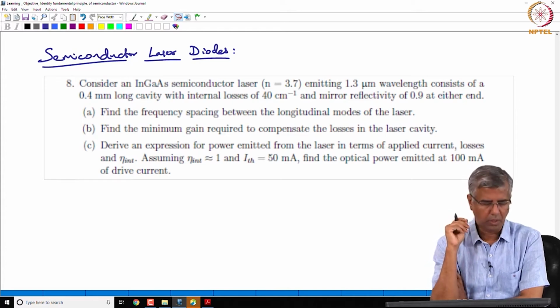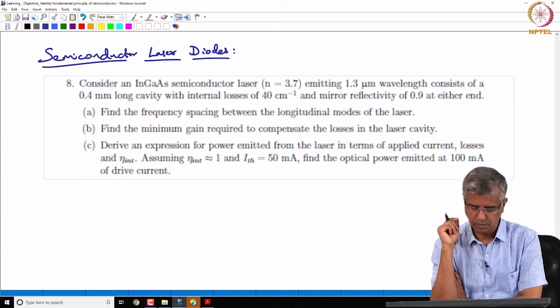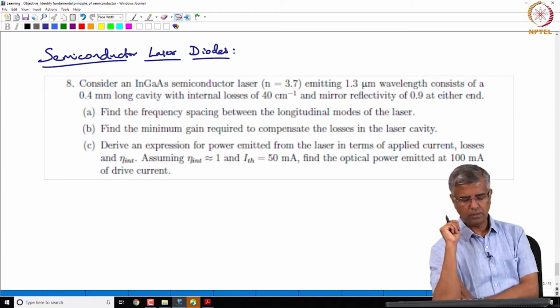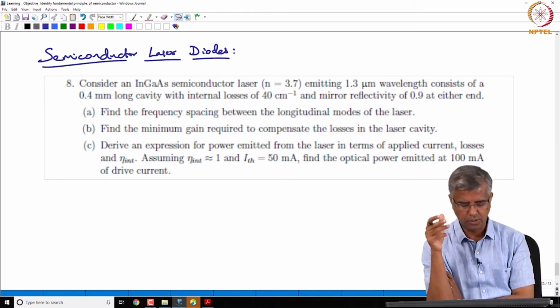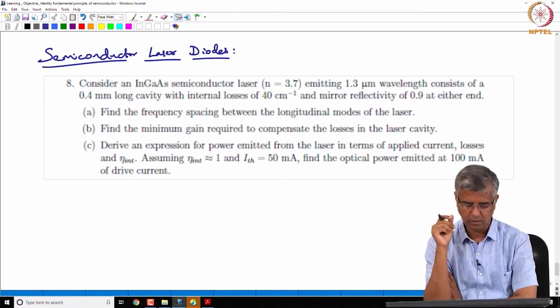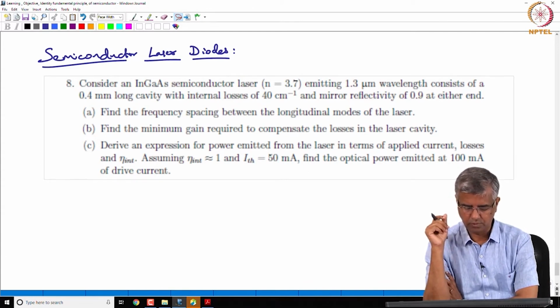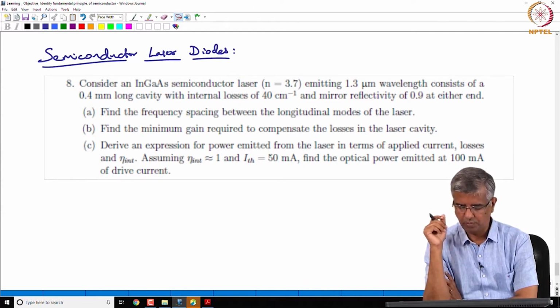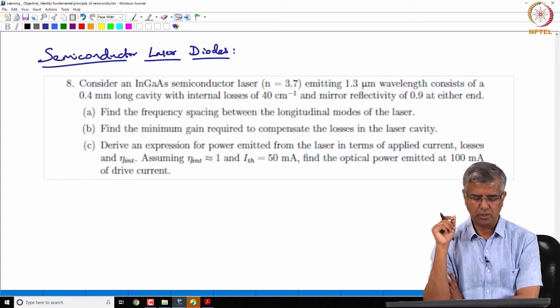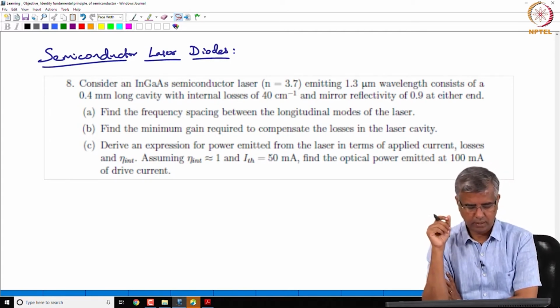So, we'll try to find such an expression as well. And then of course if you assume eta int is 1 and the threshold current is 50 milliamps, find the optical power emitted at 100 milliamps of drive current. Okay. So, this is what we want to achieve.